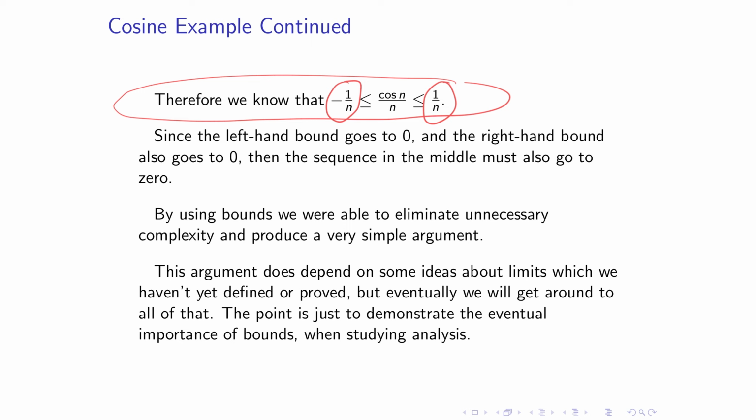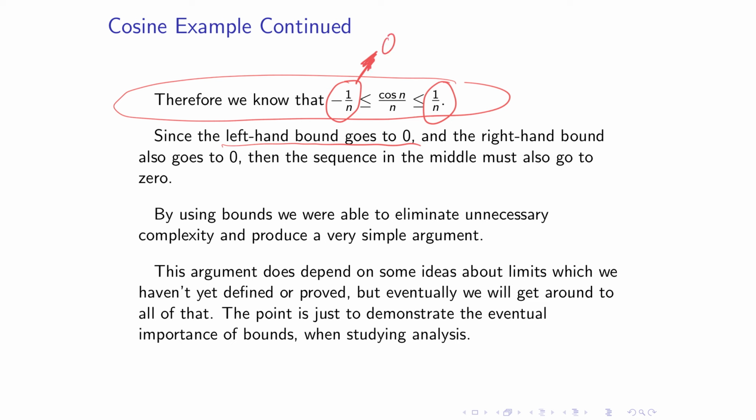Possibly you've seen that in a previous calculus class, but the idea is intuitive. We will make this intuitive idea more rigorous much later on, many videos from now. But I think if I just rely on the intuition that you've probably already gotten from calculus, then this is still a motivating example. So since the left-hand bound goes to 0, right, this part right here goes to 0.